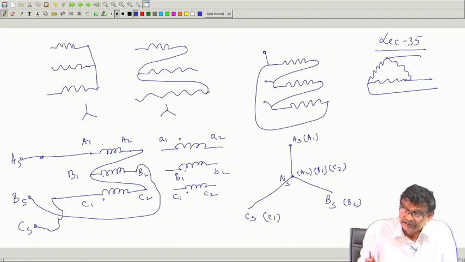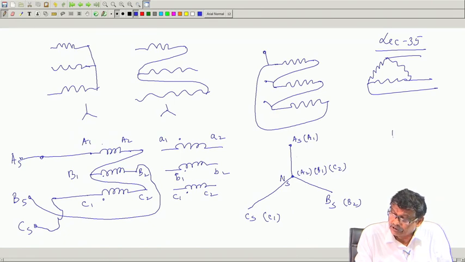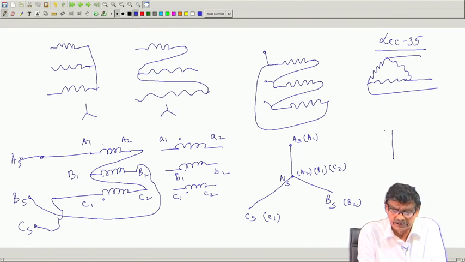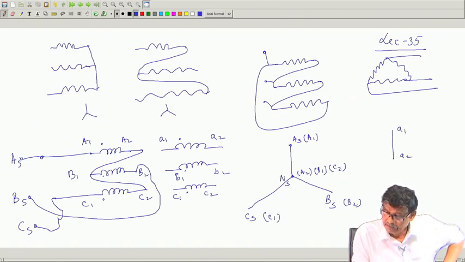Now, on the secondary coils there will be induced voltages following the rules of single phase transformer. Capital A1 A2 you will get a voltage here, because these polarities are correct, polarities are like this. So you will have a voltage here A1 A2.